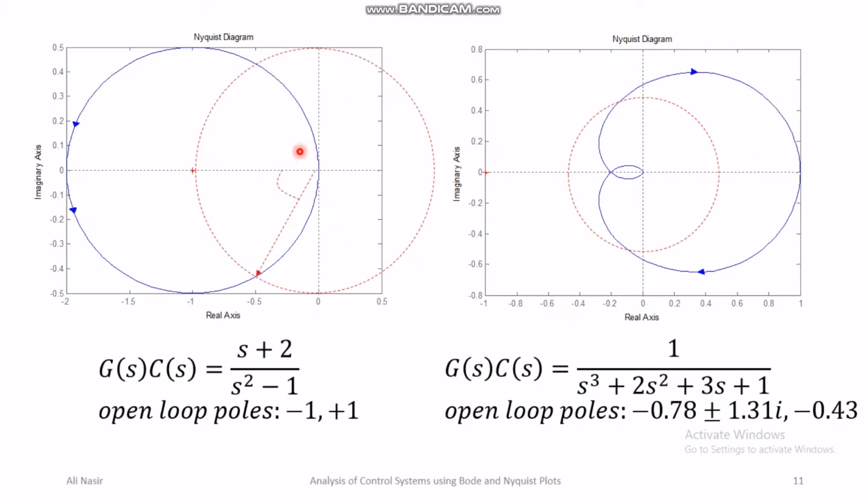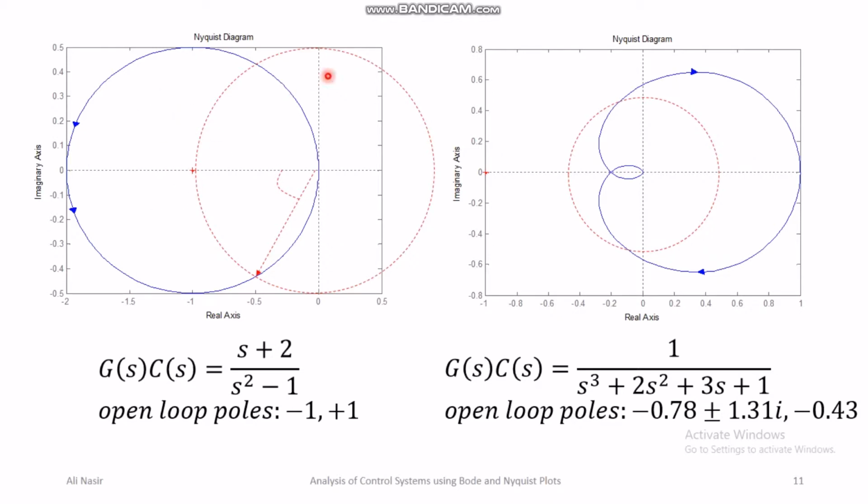Actually, these axes of the Nyquist plot are not of the same scaling. So this distance, from -2 to 0.5, is 2.5, and this distance, from -0.5 to 0.5, is 1. That is why I have been tricked by this unequal axis.